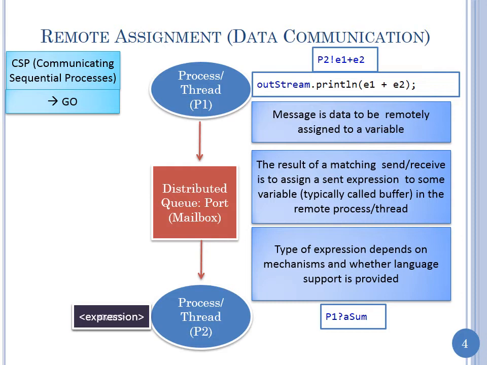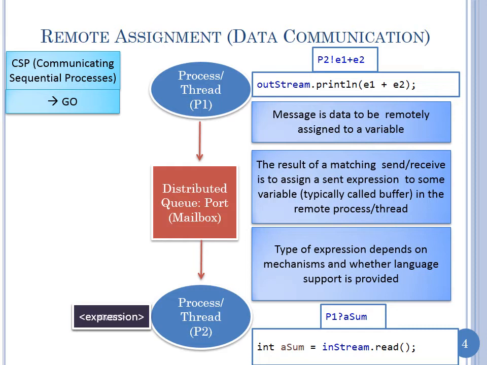Okay, it's a stream created from a socket rather than from a file or from the standard input. And at the other end, you can say a variable is assigned instream.read, and instream and outstream are two local names for the same port. Just as P1 and P2 were two local names for the same abstract port, instream and outstream are two names for the same port. Okay, so this is remote assignment.